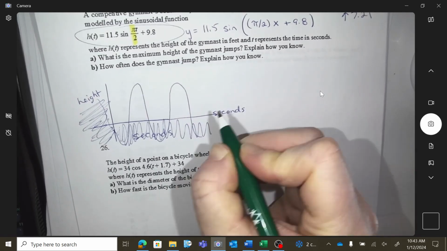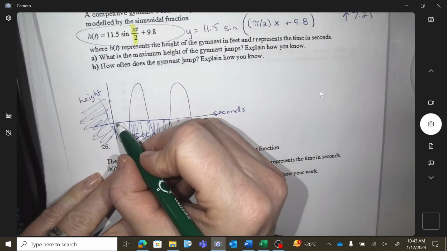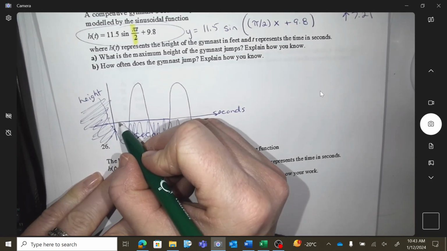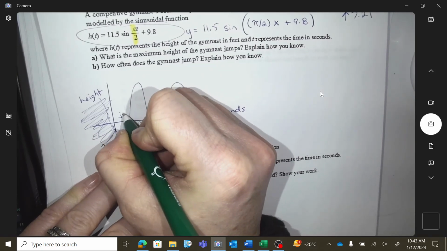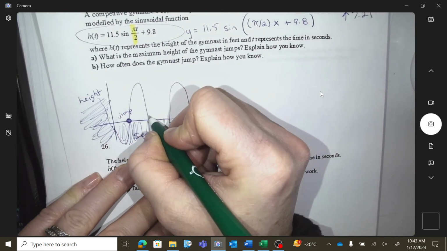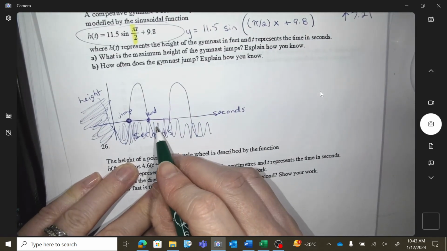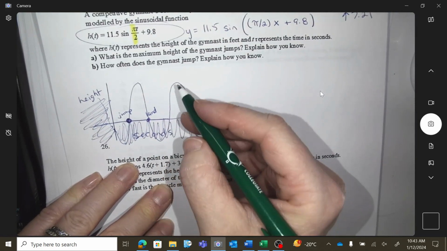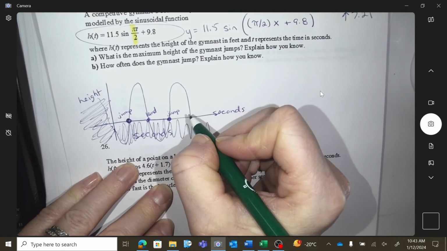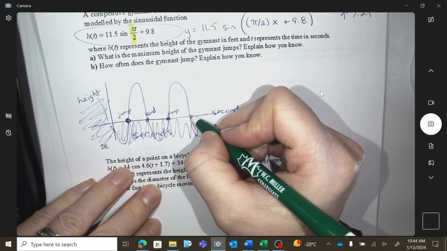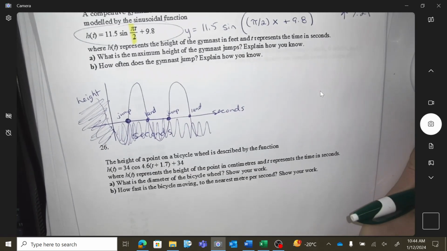Okay, so what's happening? The gymnast is probably doing a floor routine and then does what? Starts the jump and then they would land, right? And then they do their floor routine and then they jump. And then they land. Okay, so that's what's happening.